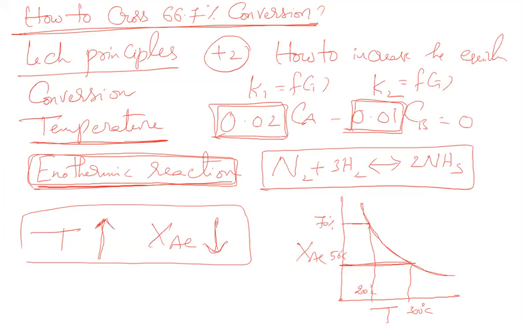One such example is ammonia, N2 plus 3H2 gives 2NH3. The reason is, there is no reason. This is the behavior of the reaction.